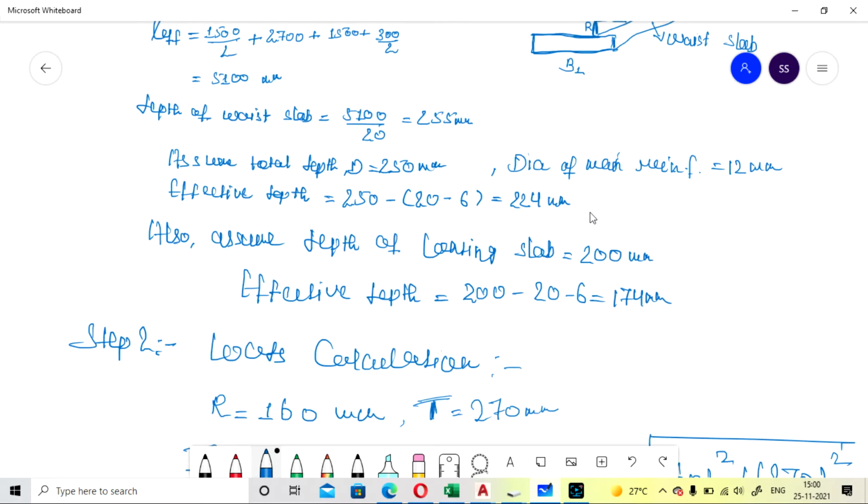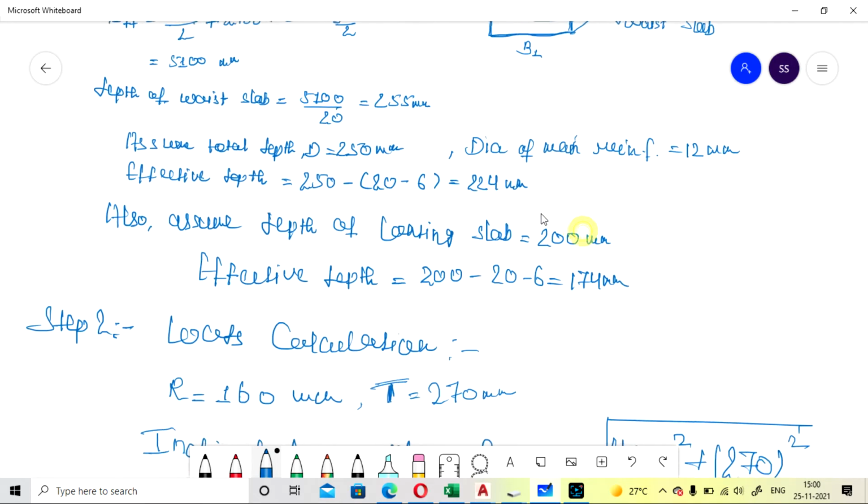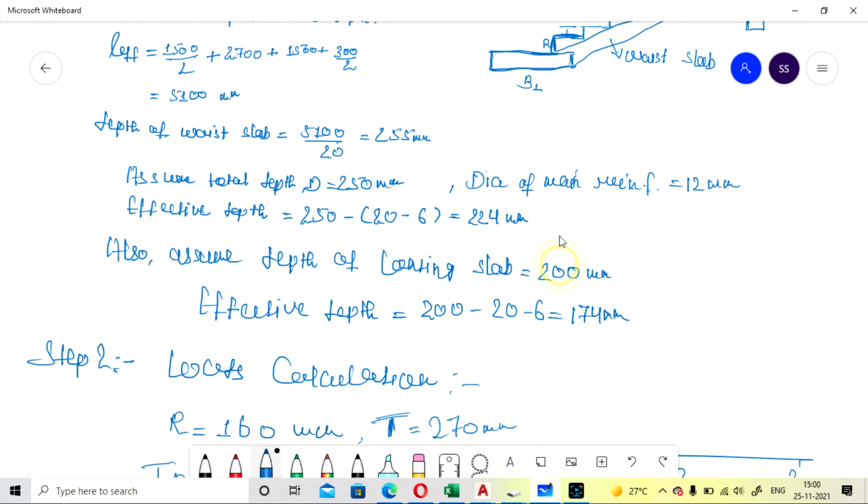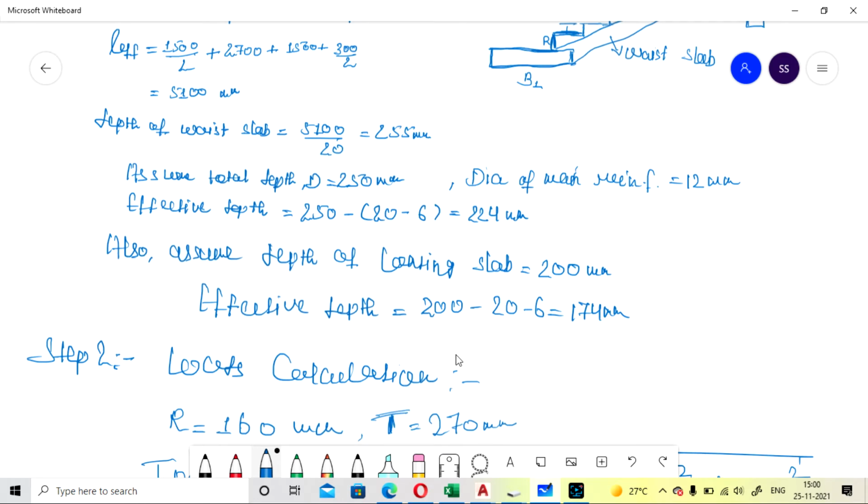So we can assume the depth of the landing slab as 200 mm, or you can find it by that method. We are considering the total depth of the waist slab as 250, so we are going to take around that only, so we are going to take 200 mm. We are not going to repeat the same procedure again, you can take the depth directly by this method.